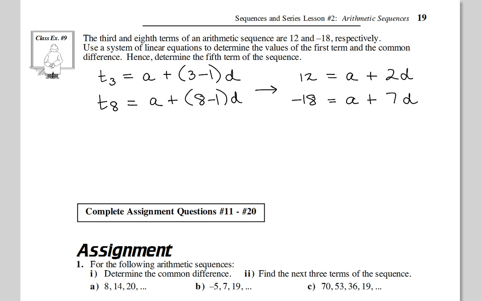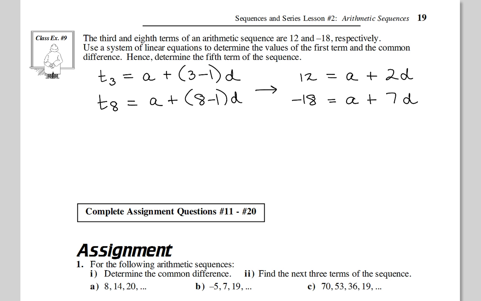Any questions on that system? You basically have two equations and two unknowns, which is what we did in Math 10 for systems of equations. Do you remember those? It was always like a y and an x, and if you knew x, you'd solve for y and vice versa, or you could do a substitution or an elimination.